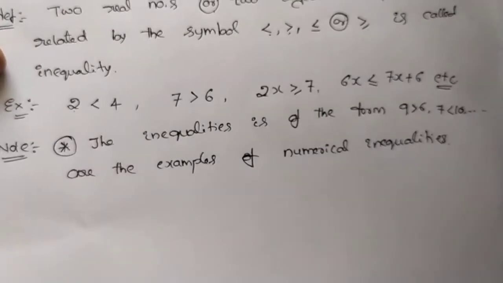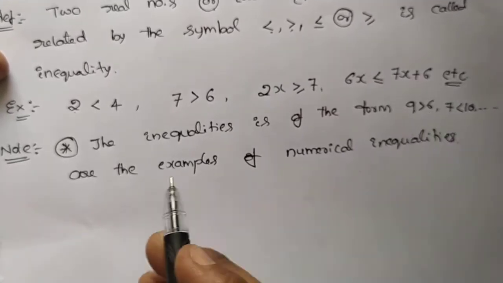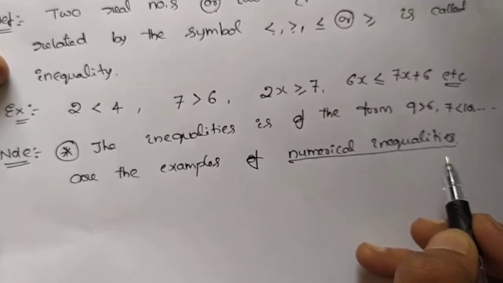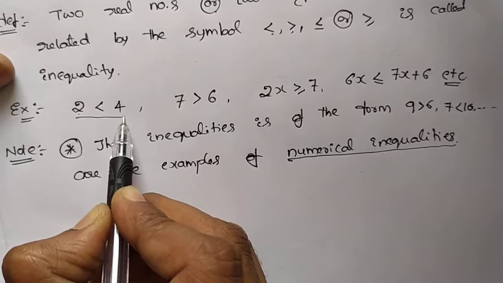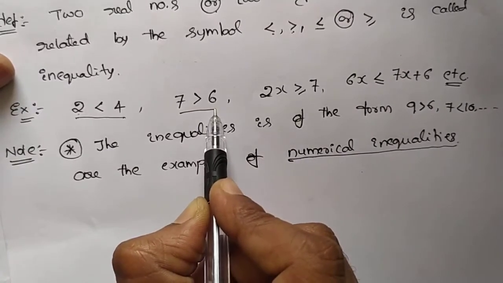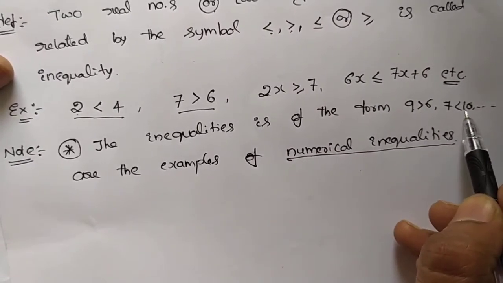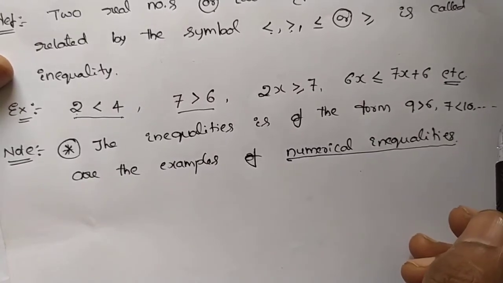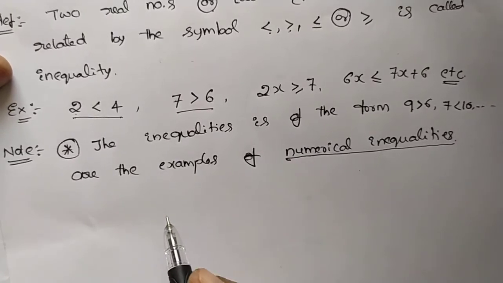Inequalities of the form 9 greater than 6, 7 less than 10 are examples of numerical inequalities. Suppose here we have 2 less than 4, it is a numerical inequality. 7 is greater than 6, it is a numerical inequality. Similarly, 10 less than 11, and so on, are examples of numerical inequalities.